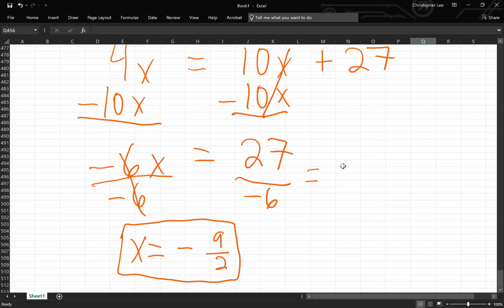The fraction is easier. So for the 27, think of that as 9 times 3. And the 6, think of that as 2 times 3 with the negative, right? The 3's can cancel, leaving back just the 9 and the 2.